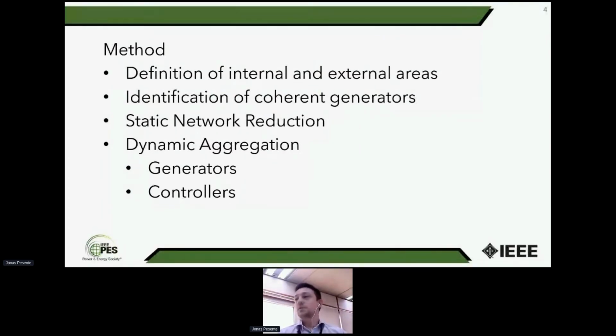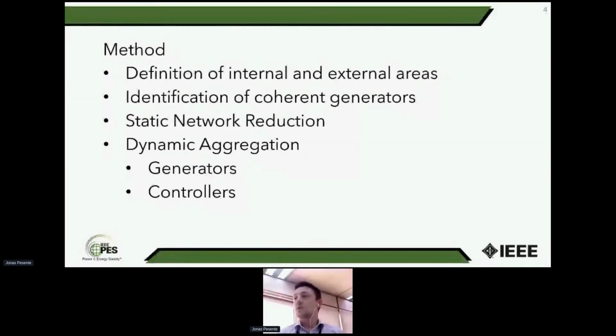And finally, the dynamic aggregation, first of the generators, to compute the parameters of the equivalent generators, and then of the controllers, to compute the terms of the equivalent controllers of each family that represents the controllers of the current generators. This step is made by computing the aggregate frequency response of the group of controllers using the weighted nominal power of each generator for the AVR, governor, and PSS.